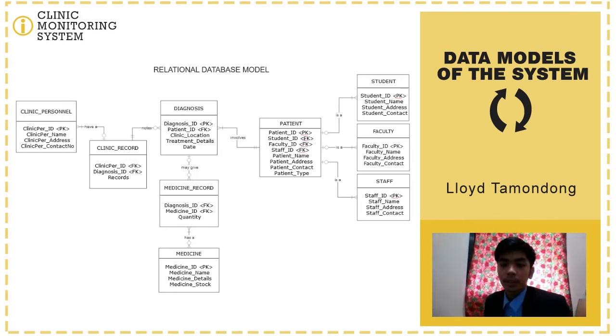They also note the type of patient, whether a student, faculty, or staff. This is the simplified version of the fully attributed data model so that it can be easily understood, and we can see the relations.